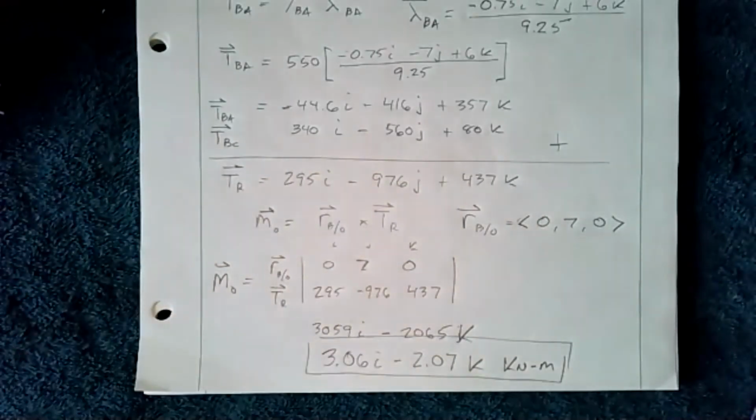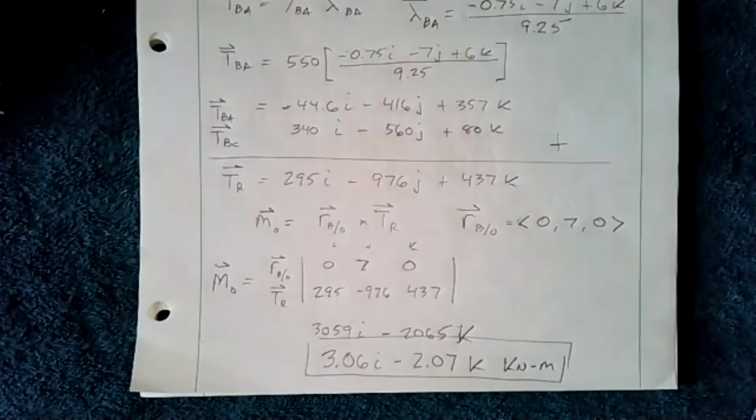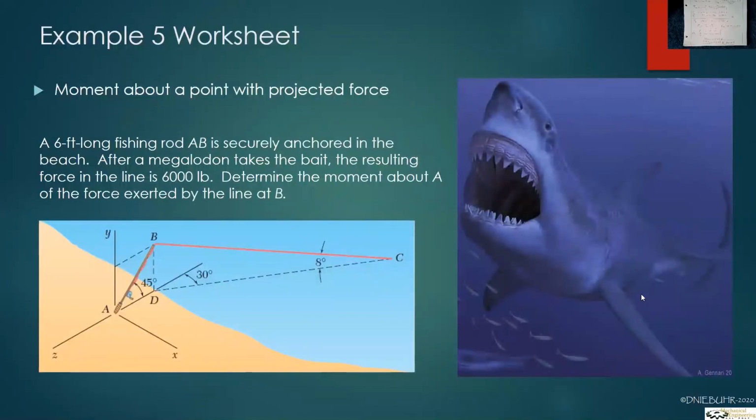Now, I have one more example on that worksheet I want to do, and this combines the 3D tension vectors that we did at the end of chapter 2 with moments about a point. So let's look at that problem. And here we go. So we're out fishing.